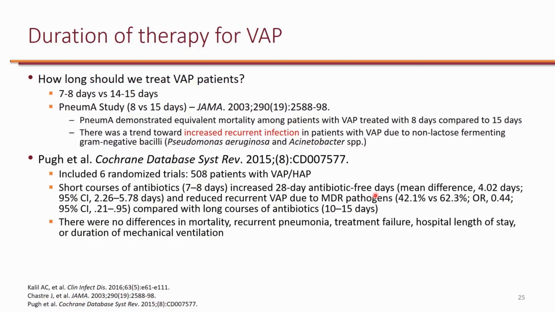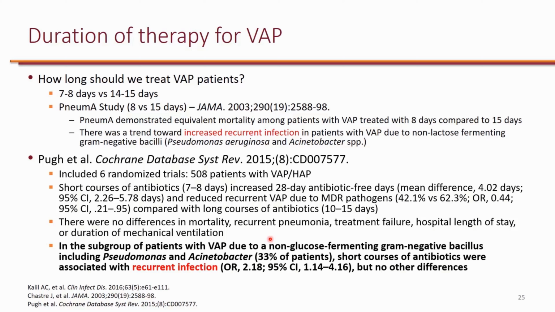In other words, patients who had longer duration of therapy actually had more multi-drug resistant pathogens. In addition, there was no difference in mortality, recurrent pneumonia, treatment failure, or hospital length of stay when you compare the two groups. And they did still find that in the group of patients who had Pseudomonas or Acinetobacter, a short course of antibiotics was associated with recurrent infection, but no other differences.